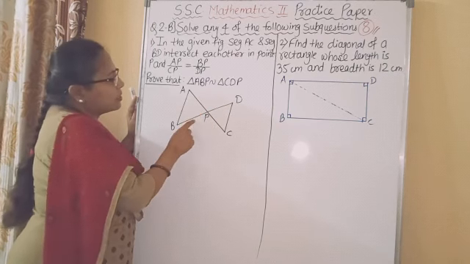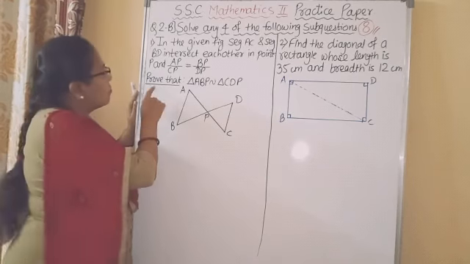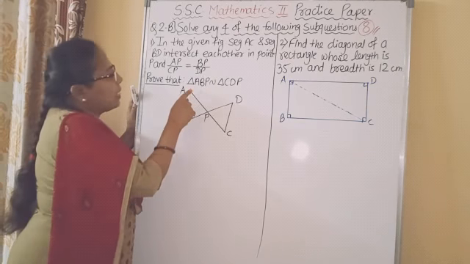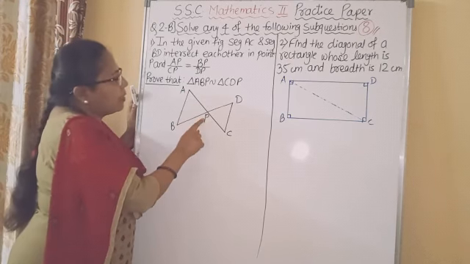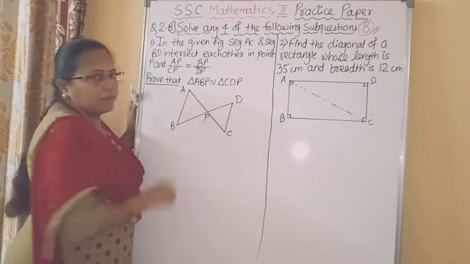These two sides and these two sides are in proportion. So we have to prove triangle ABP similar to triangle CDP.